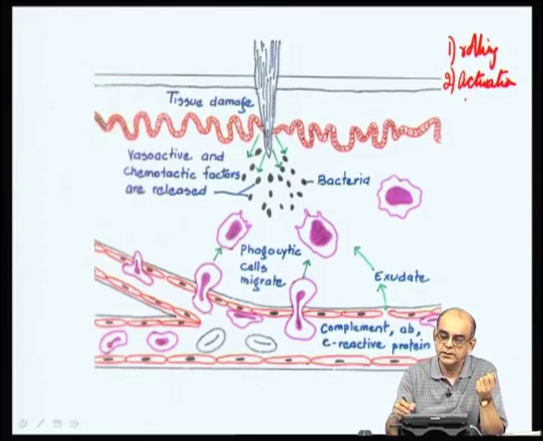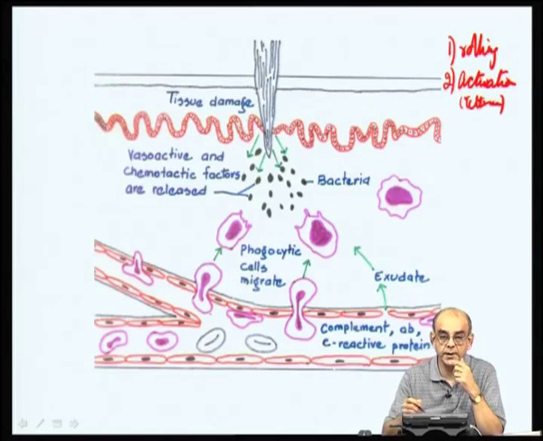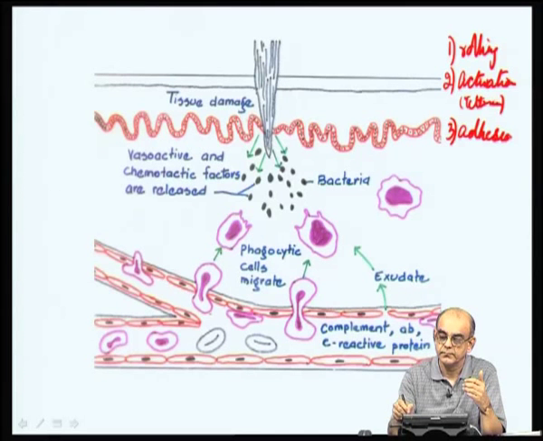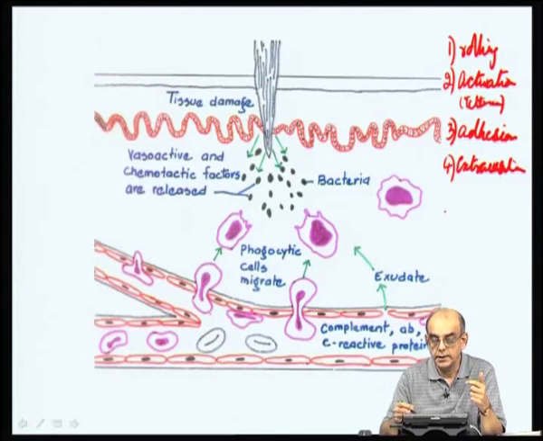This is also called tethering. They are interacting with certain components in the blood vessel wall, and then of course, you have the adhesion, and then after adhesion you have the movement of the cells across this endothelial cell, which is also called extravasation, or transendothelial migration, after which they migrate towards the bacteria.